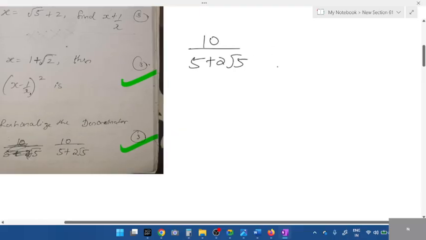The denominator has two values. So you have to multiply this with the opposite sign: 5 minus 2 root 5.